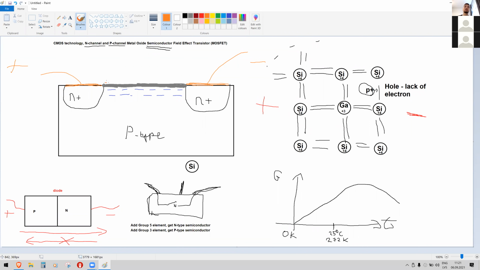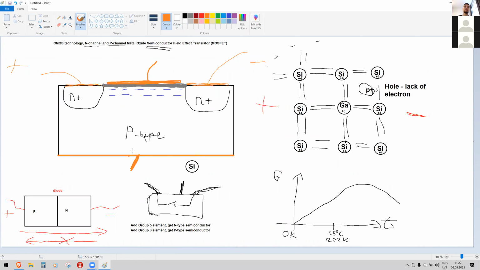And then you simply put a third piece of copper right here. And the fourth electrode is here.